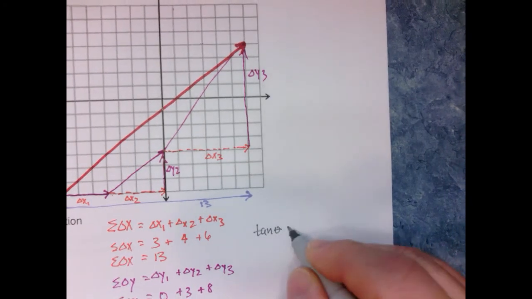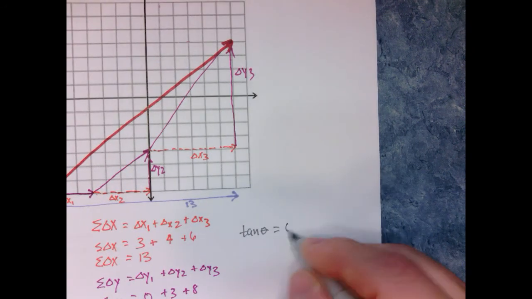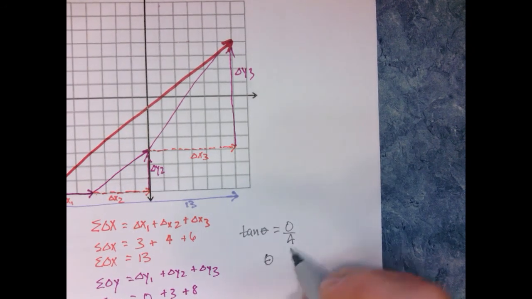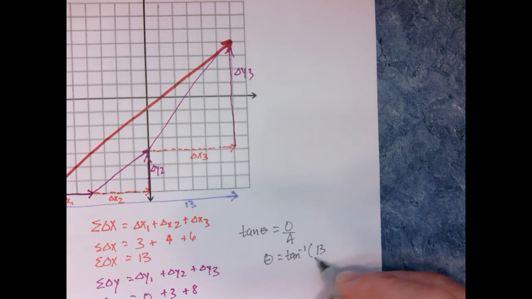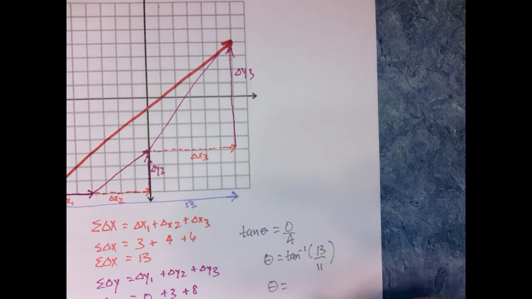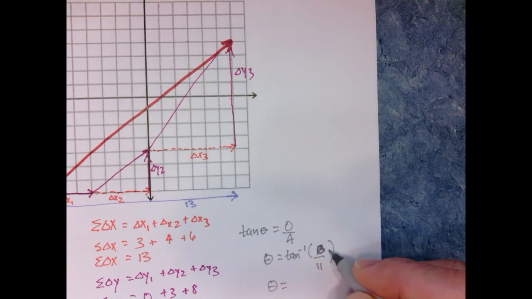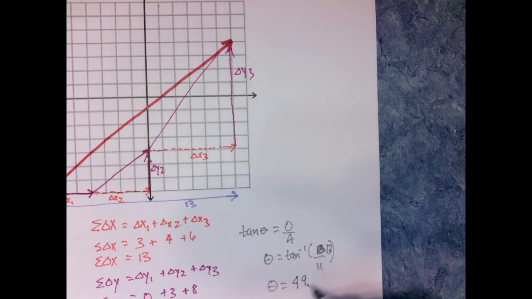Tangent theta equals opposite over adjacent, and theta is the inverse tan of 11 over 13. So when I do 13 over 11, I got 49.8.